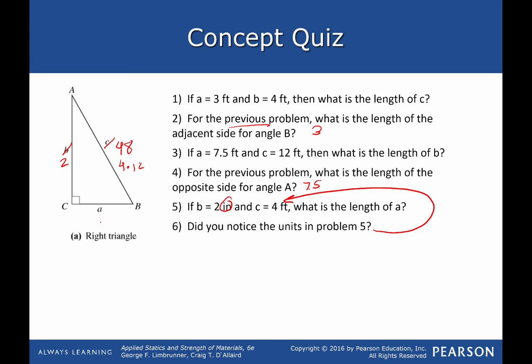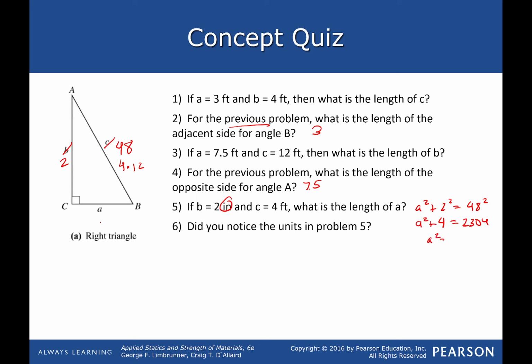It's going to be pretty big, honestly. So I'll go ahead and solve that. We're going to have A squared plus B squared, which is 2 squared, equal to 48 squared. So I'm going to plug this in my calculator. 2 squared, I know that's 4. And 48 squared is 2,304.